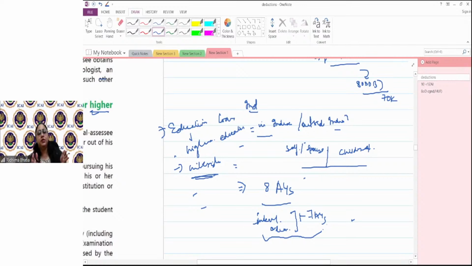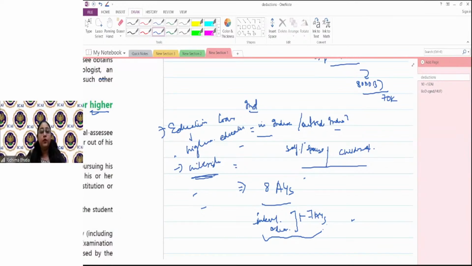You can claim the interest as a deduction under section 80E for a respective loan for a maximum of 8 assessment years, including the year you started paying the interest, that year plus the next 7. Either it's written 1 plus 7 or maximum 8 years, it's the same thing.